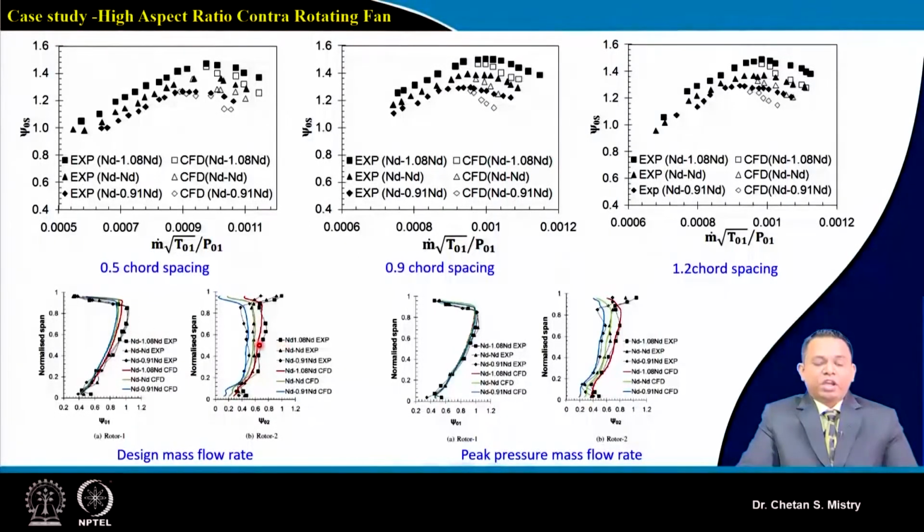But for rotor 2, it is matching well. At the same time, as we discussed, during peak pressure configuration or peak pressure mass flow rate, it is giving very good agreement between experimental and computational results.